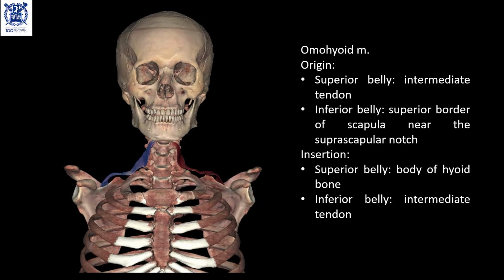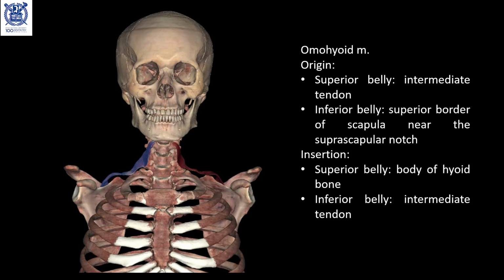Omohyoid muscle. It is a muscle that depresses the hyoid bone. It is located in front of the neck and consists of two bellies separated by an intermediate tendon. This muscle is proximally attached to the scapula and distally attached to the hyoid bone, stabilizing the hyoid bone.